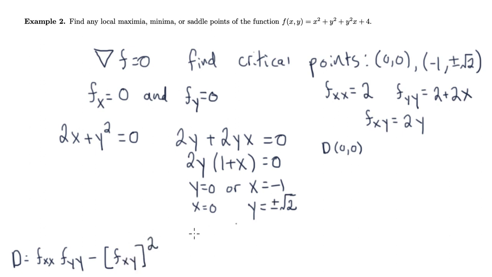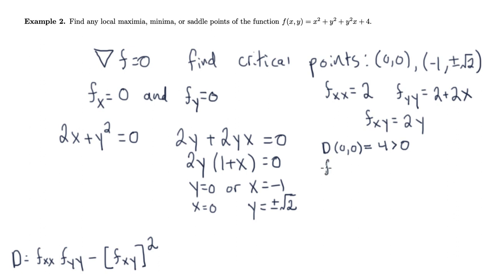So I'm just going to take this function and evaluate it at 0. So that's going to be 2 times 2 minus 0, so it's going to be 4, which is greater than 0. So that tells me I either have a local max or a local min.